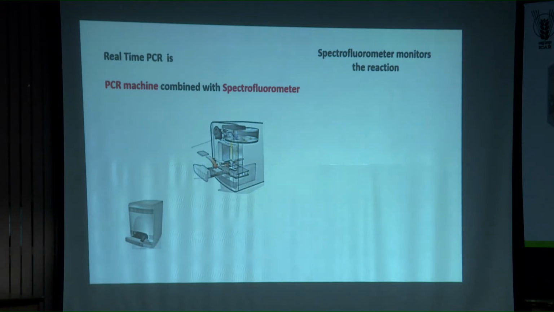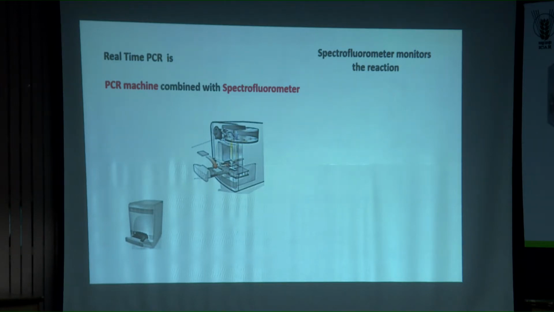This is something like this. This is a PCR machine which is combined with a special attachment called a spectrofluorometer. A PCR machine which is attached with a spectrofluorometer is called a qPCR machine.